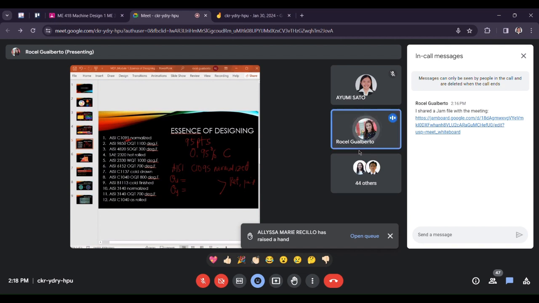Yes, Miss Resilio. Ma'am, ask ko lang po regarding po dun sa pagtingin po ng values sa table 89 sa page 17 po. Dahil yung ultimate strength niya po ay kada isang ano po, meron pong 4 na row po.